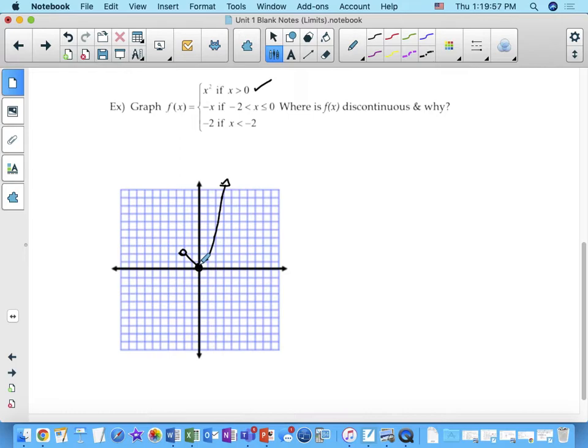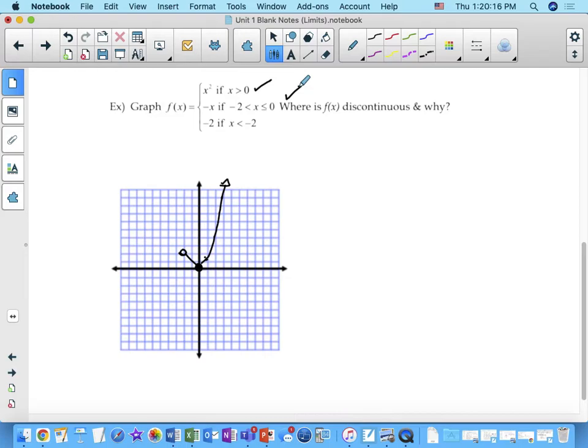Okay, so we did that one. And then f of x equals negative 2 if x is less than negative 2, sorry. So that's here, and f of x equals negative 2 is just a horizontal line.